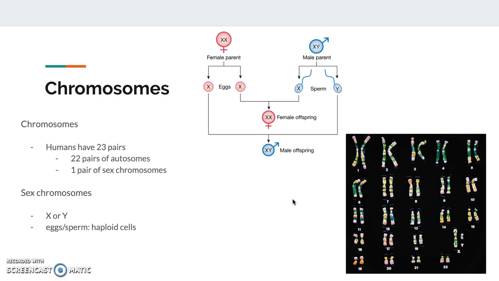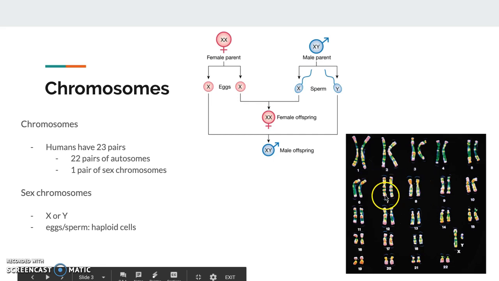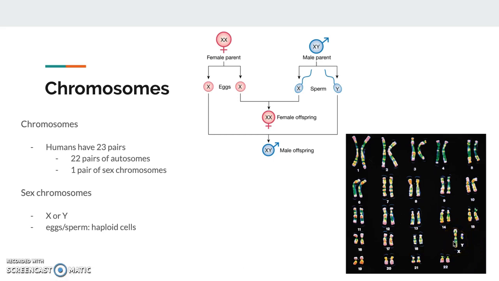So these 22 matched chromosomes are called diploid because they're matched. And then haploid chromosomes are these guys, the sex chromosomes. We call diploid 2N and haploid 1N.